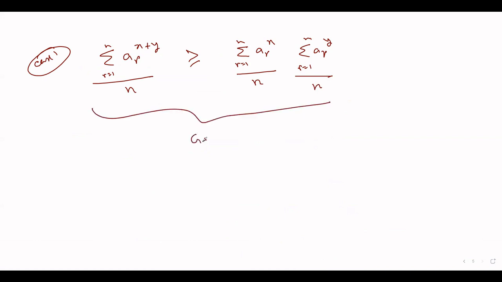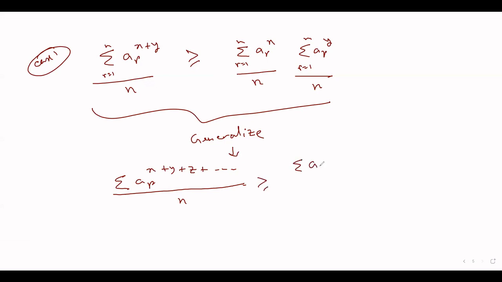Now observe this and generalize this result. Then this is also actually true, that the summation of AR to the power X plus Y plus Z plus dot dot dot divided by N is greater than or equal to the summation of AR to the power X by N, summation of AR to the power Y by N, summation of AR to the power Z by N, and so on.